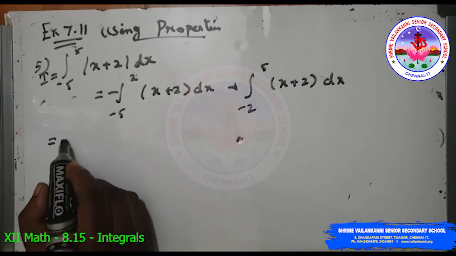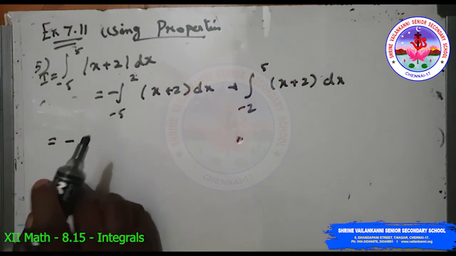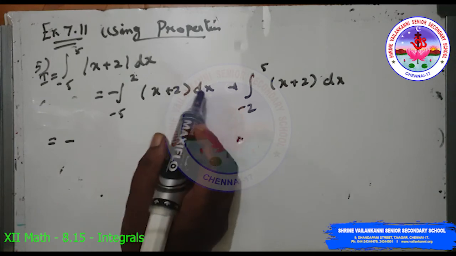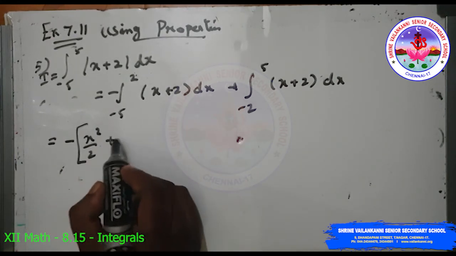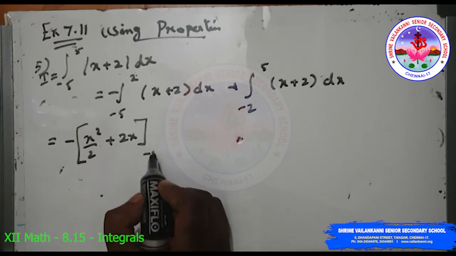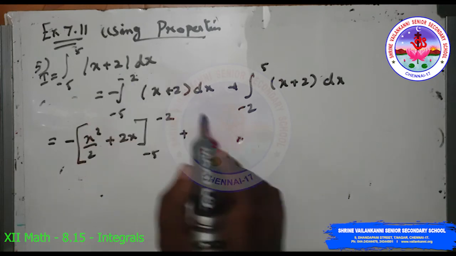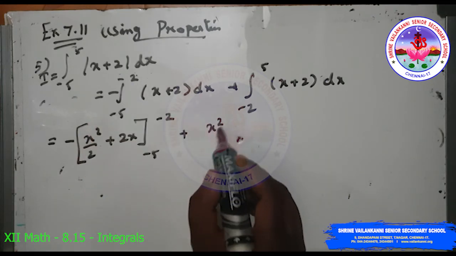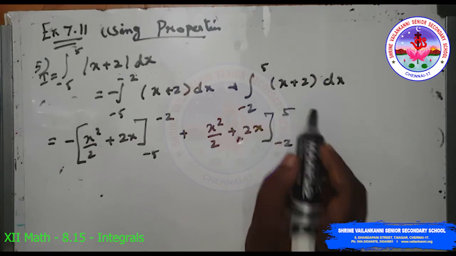So which is equal to minus of, so integral of x dx is x square by 2 plus 2x, limit is minus 5 to minus 2, plus x square by 2 plus 2x, limit is minus 2 to 5.